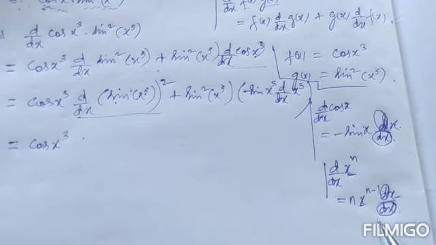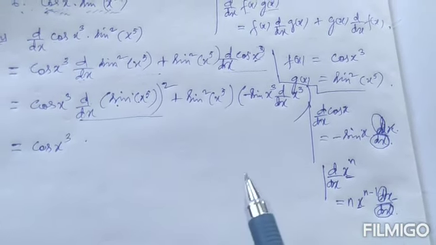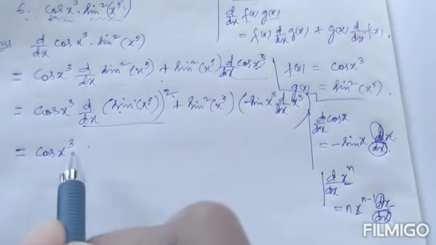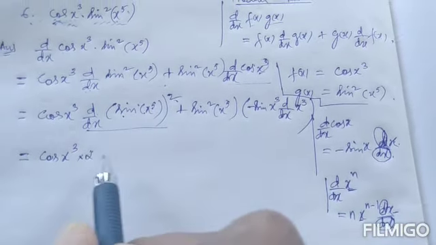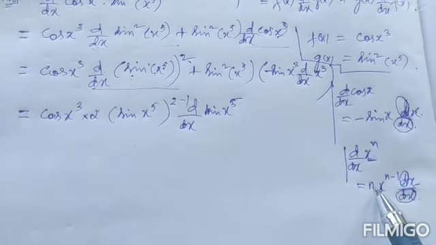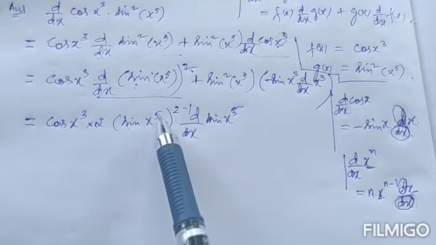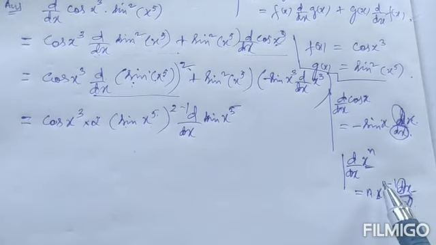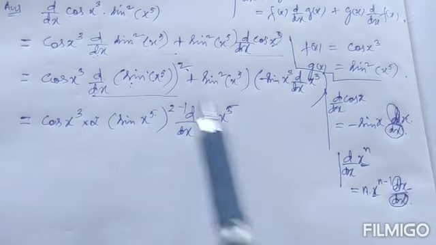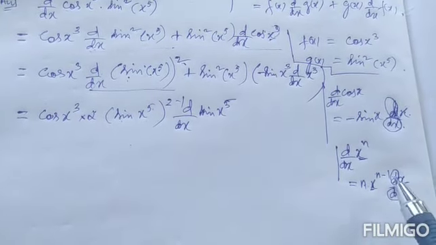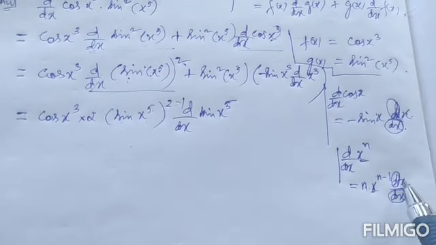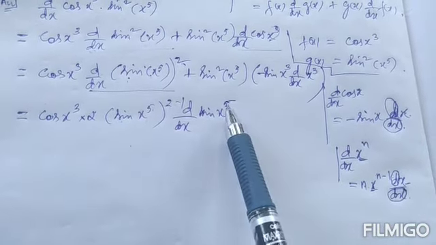And in place of n, 2 will come. So first I'll have 2, and then in place of x, sin x power 5 will come. n minus 1, that means I'll have 2 minus 1. Then d by dx remains the same. In place of x again, sin x power 5 will come.